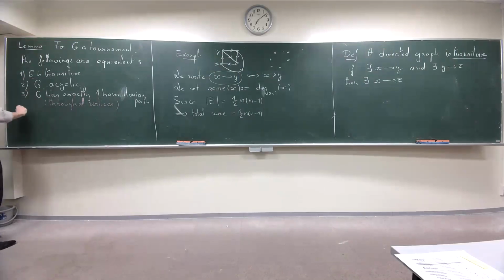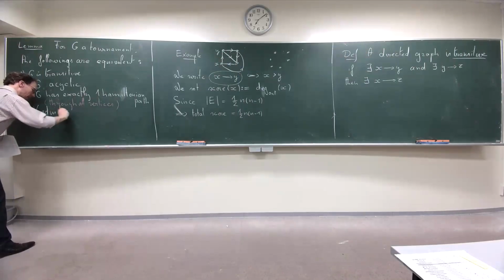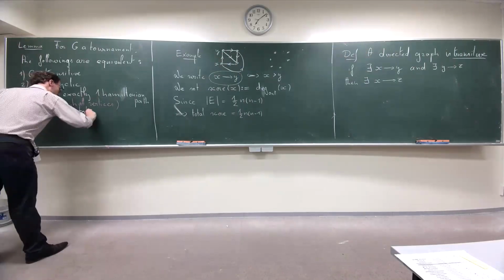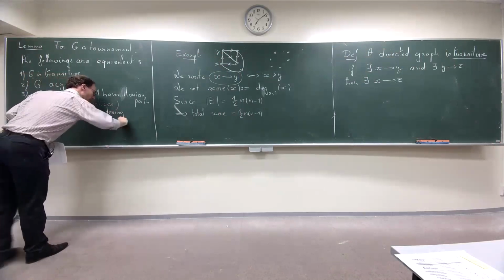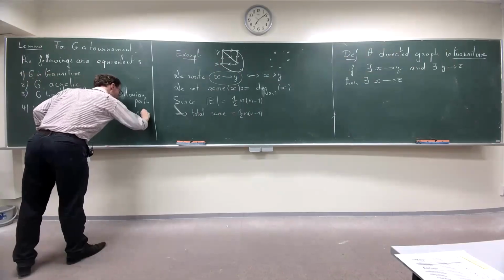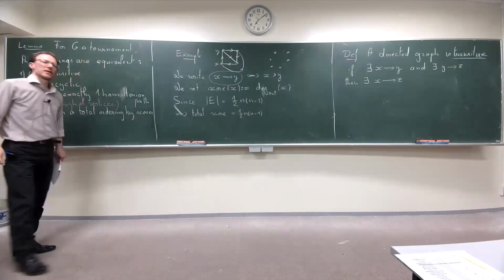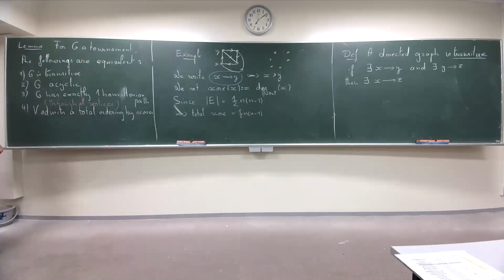Number 4 is V admits a total ordering by scores. What does it mean? We gave a definition for the score of a vertex. You have a total ordering. So one has the biggest number, one has just below, below, below, and so on.